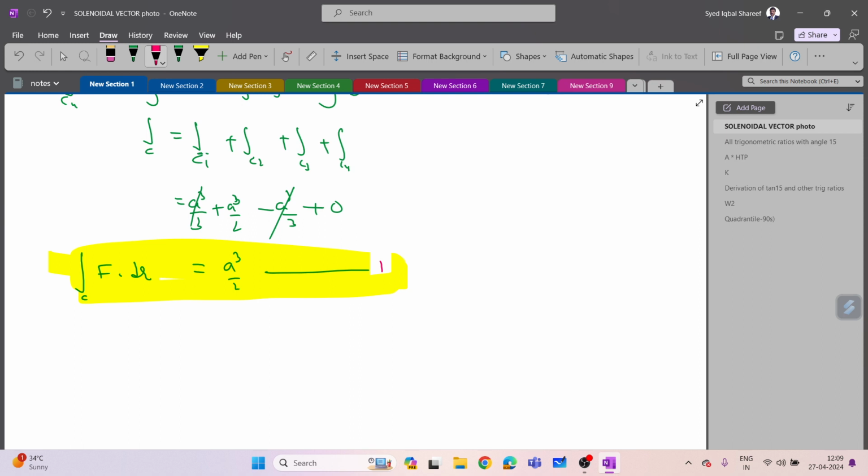Now we have to find curl f. What is curl f? i, j, k, dou by dou x, dou by dou y, dou by dou z. What is f? x square, xy. Then there is no k term, so it is 0.